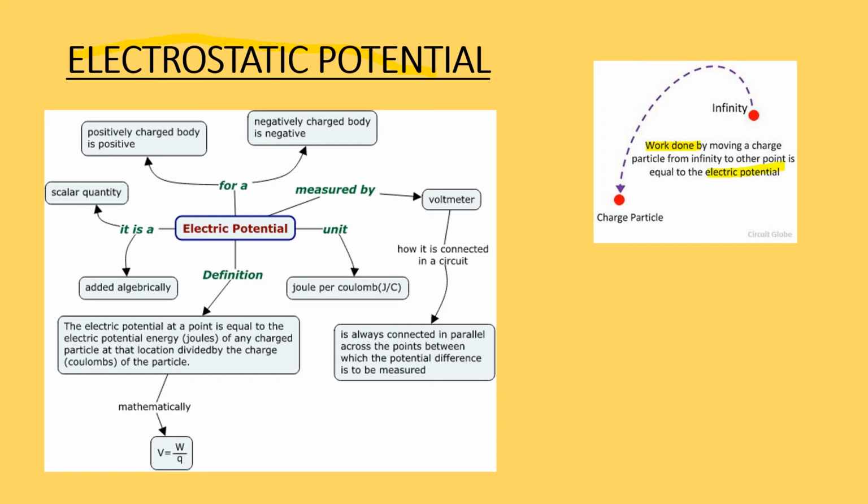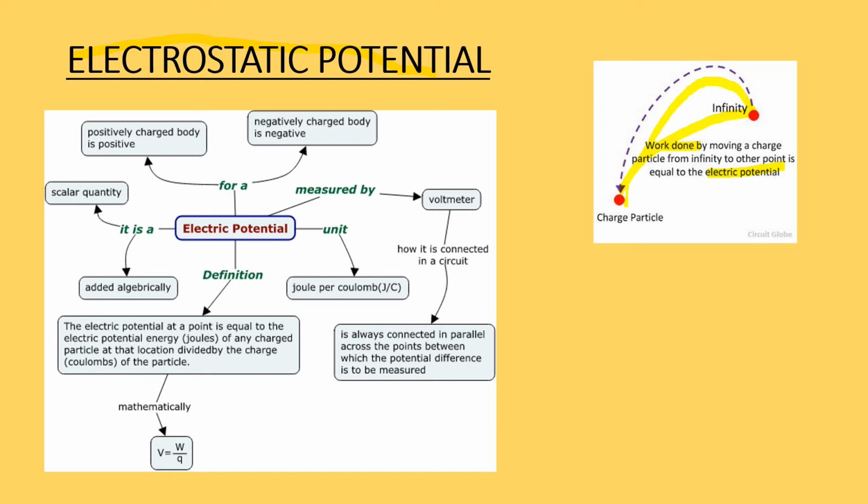Whatever work is done for bringing a charge from infinity to another point is called the electric potential. I hope it's clear. I'm repeating myself: the work done by moving a charged particle from infinity to another point is equal to the electric potential.